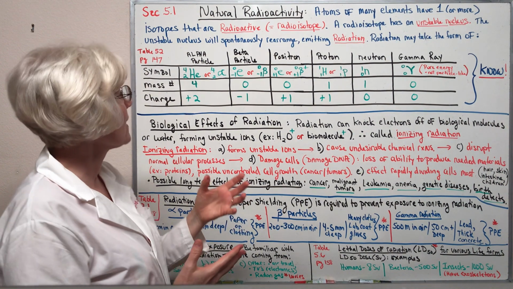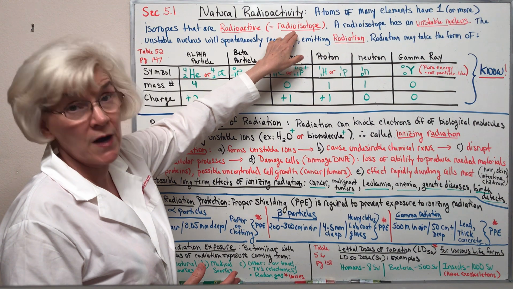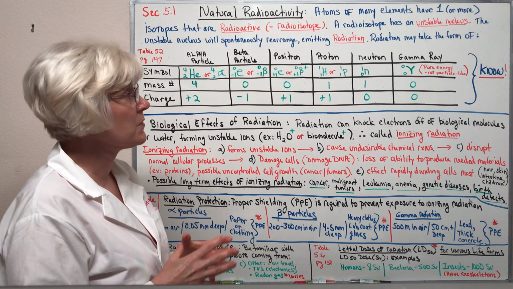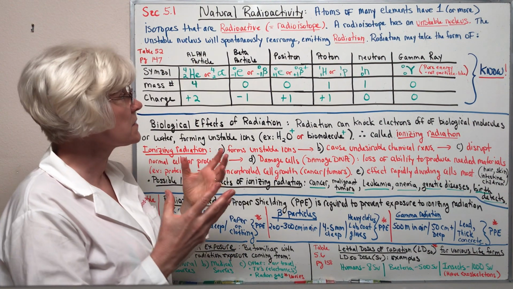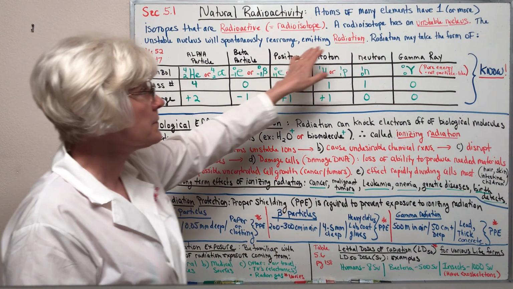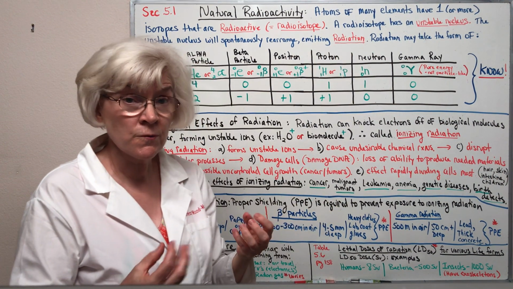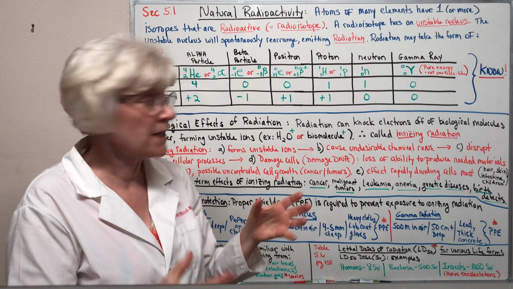And if it's a radioactive isotope, it's referred to as a radioisotope. A radioisotope has an unstable nucleus. The unstable nucleus will spontaneously rearrange, emitting radiation. And the radiation may take the form of either small particles or just pure energy.